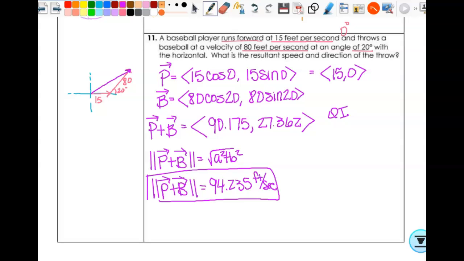So the fact that he's running when he throws it helps with that velocity, right?